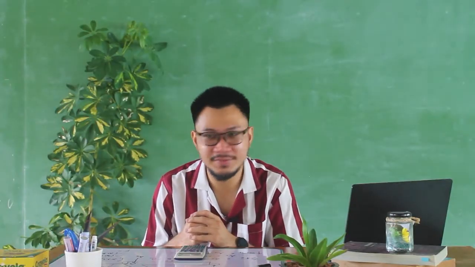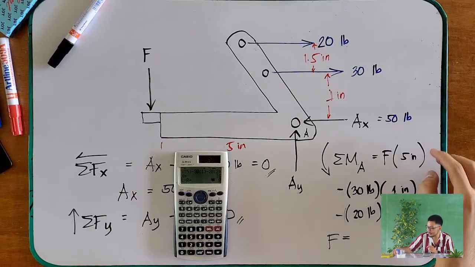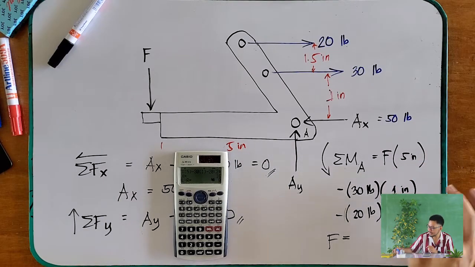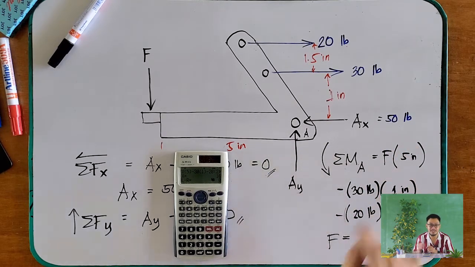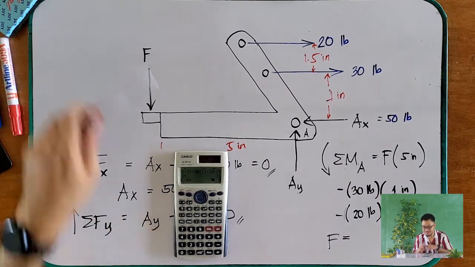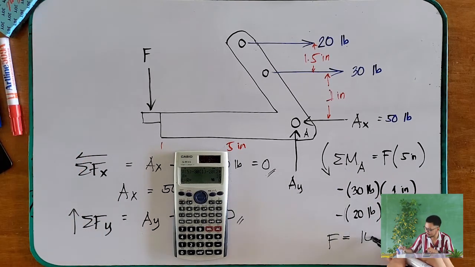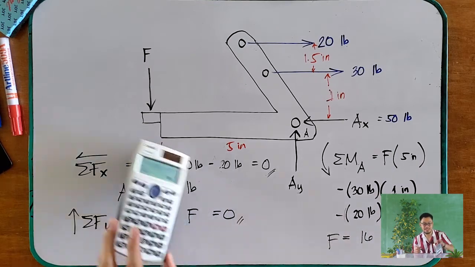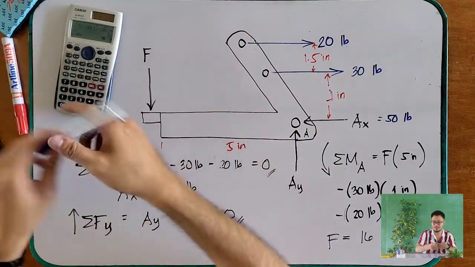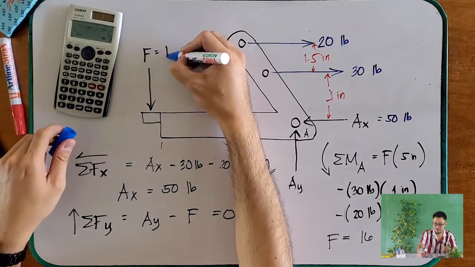Kaya ang gamit na ng shift solve, dili na ka mag-transpose ani nga mga values to the right. Pwede ra mo gamiton nga equation and then you can immediately solve for F, which is 16 pounds. Okay. So your F is creating a force of 16 pounds.